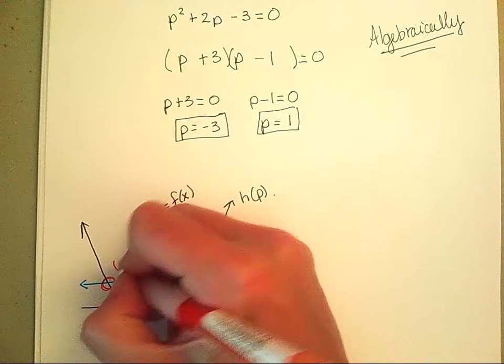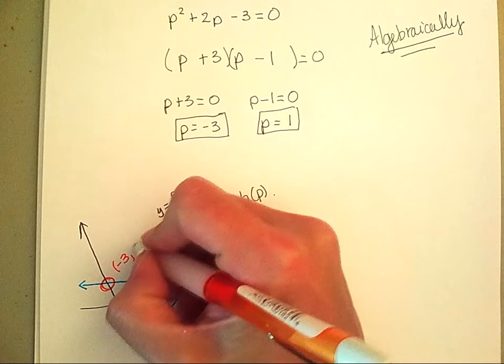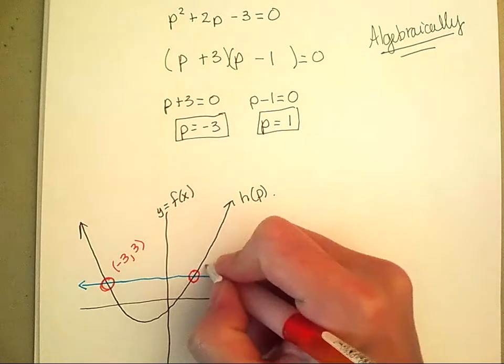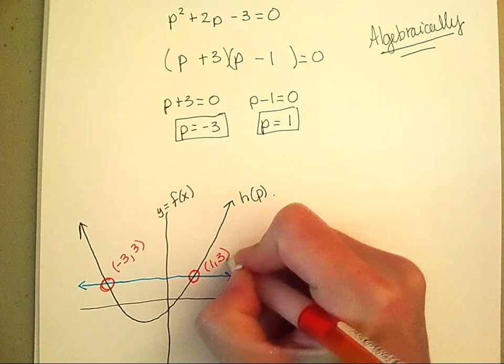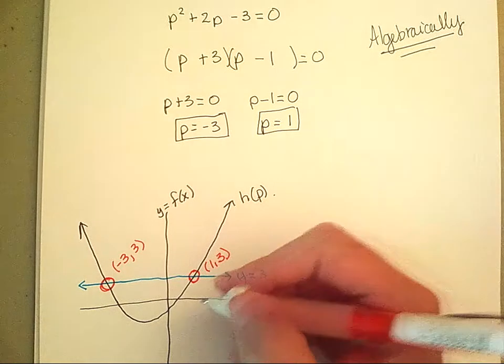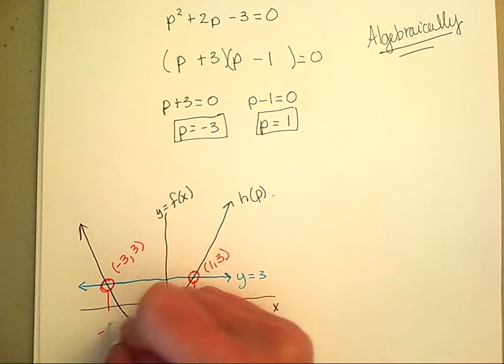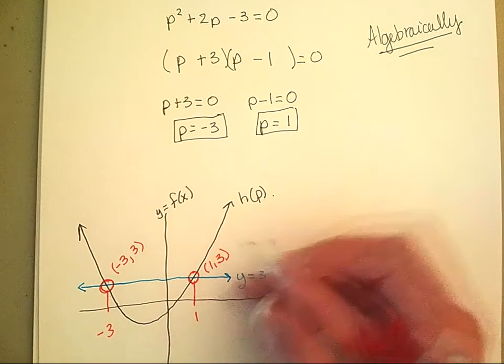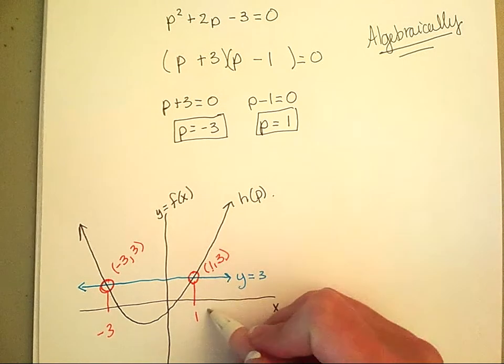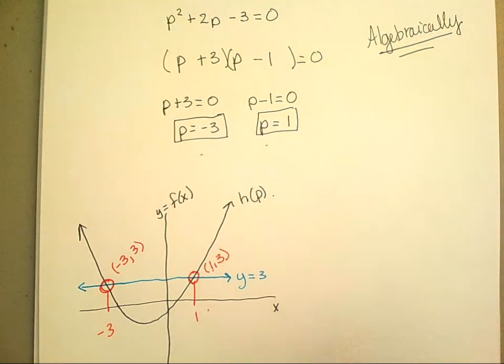And it turns out this is the point negative 3, comma 3, and this is the point 1, comma 3, if you were actually to graph these. And so what we can see then is that the x values of the coordinates are the solutions to this equation.